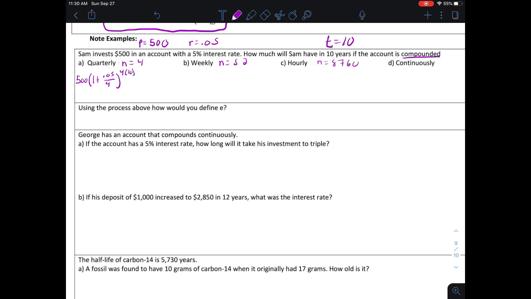And then we have weekly, so same thing, but N is 52. And then hourly, do it again, where N is 8,760. And then we would use a calculator to solve this.